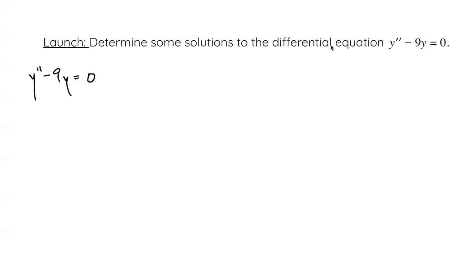We're going to do something we haven't done yet. I'm just going to go ahead and add 9y to the other side.